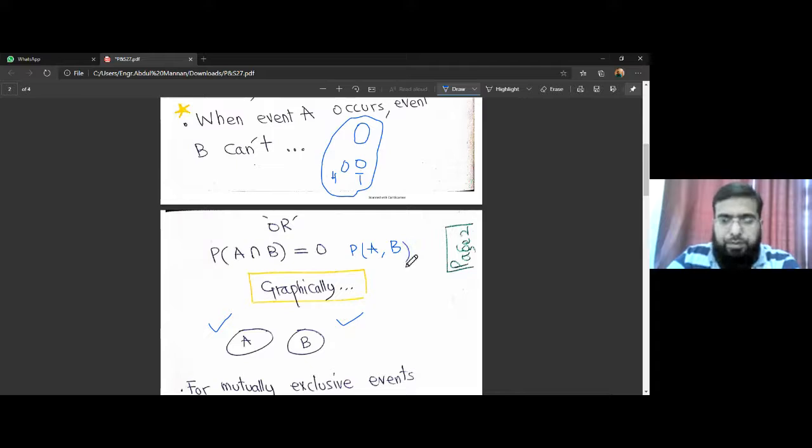This is the same as the probability of A intersection B. So we can either write P of AB or P of A intersection B. These are joint probabilities, and they are equal to 0 for disjoint or mutually exclusive events.